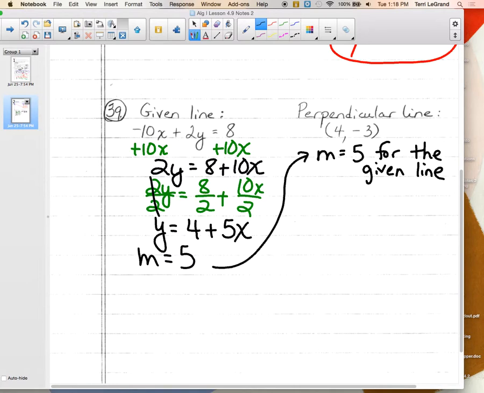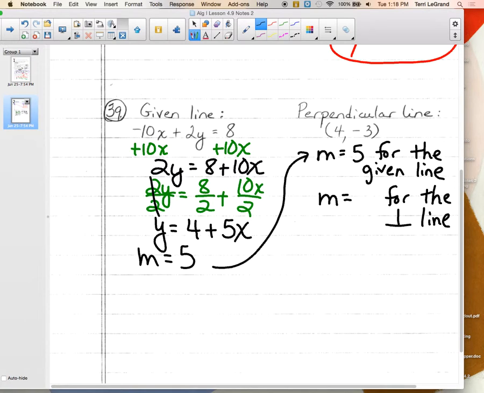We have to use that to help us decide what m is going to equal for the perpendicular line. That's our reason for doing it. We had to figure out the slope of the other one, so I now know what the slope of my new line has to be. What does it have to be?